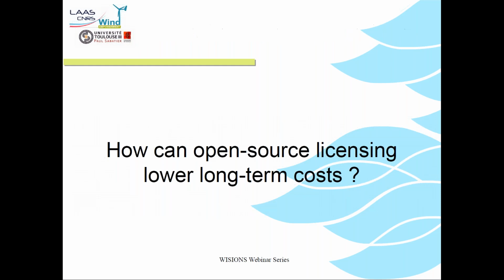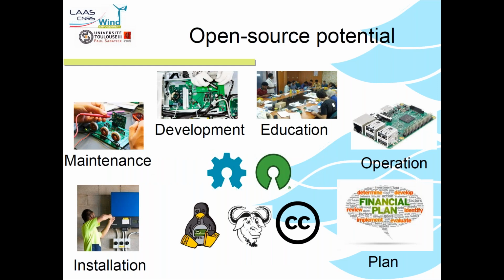And the point here is how can open source licensing lower these long-term costs? How can using open source licensing answer to that question? So let's look at this for a minute. Open source has the potential of basically unlocking all of your supply chain, from installation through maintenance, development, education, operation, and planning.